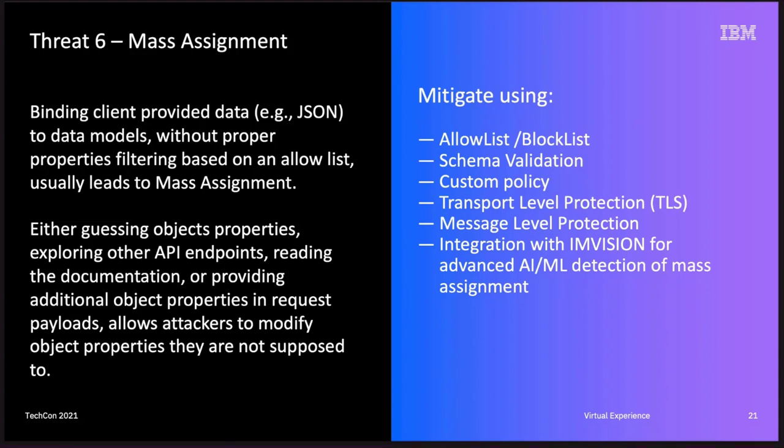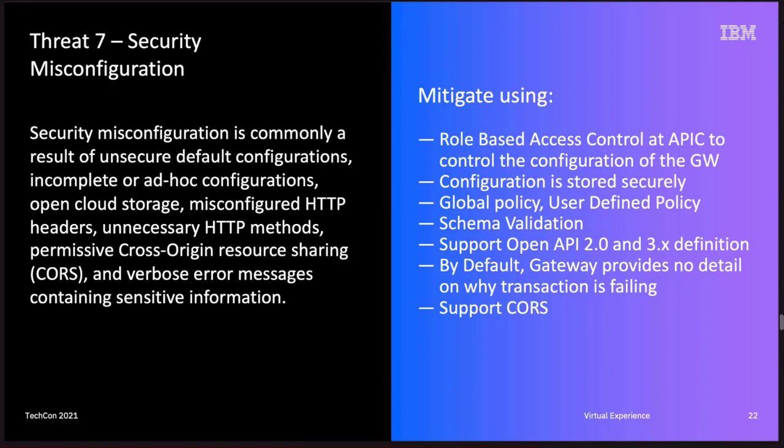It provides transport level security, SSL, HTTPS, and message level protection to ensure that the message integrity is protected against any vulnerability. Again, API Gateway also provides seamless integration with Envision runtime protection for a more advanced capability for detecting any mass assignment attack.